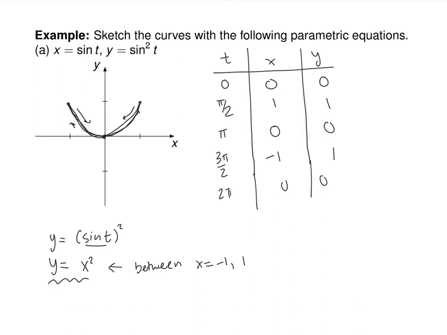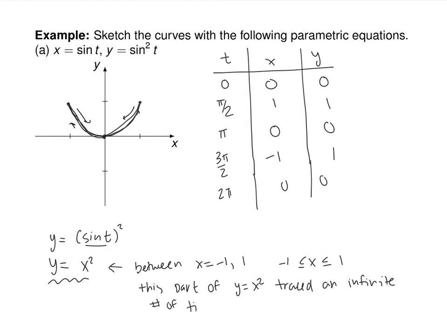So we have that the x is between +1 and -1, and this is that part of the parabola. So this is this part of y equals x squared traced an infinite number of times.